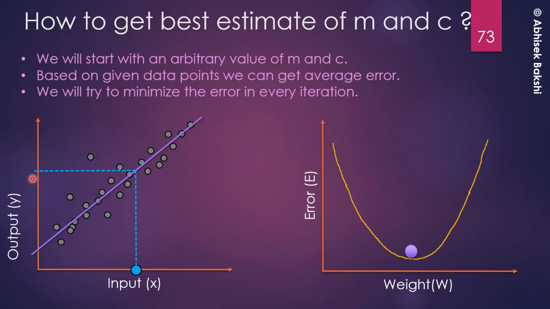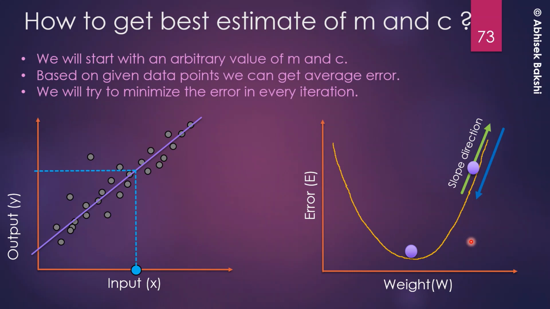So what we can see here is that this ball, which represents the error, is actually going downwards, right? But remember, what is the direction of the slope? The direction of the slope is just the opposite side, right?